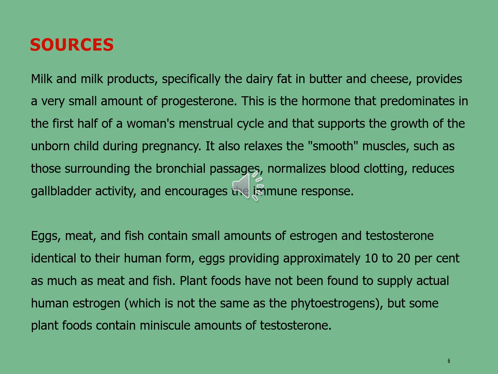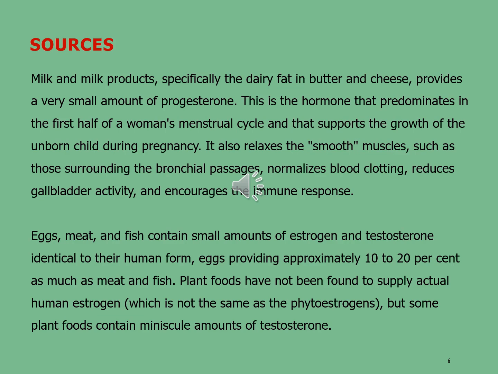Hormones are also isolated from eggs, meat, and fish that contain small amounts of estrogens and testosterone identical to their human form. Eggs provide approximately 10 to 20% as much as meat and fish.